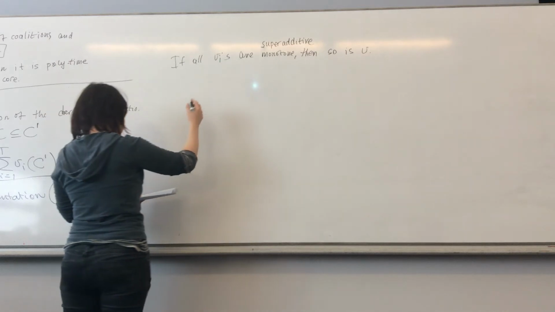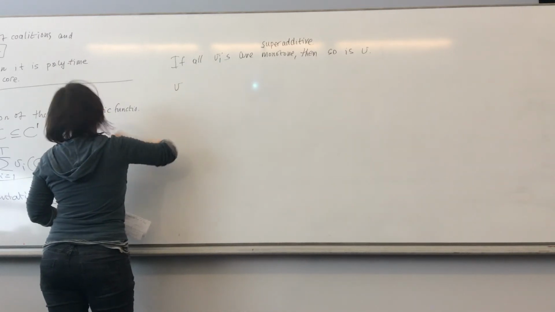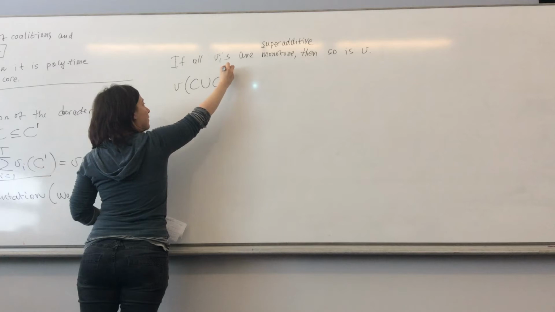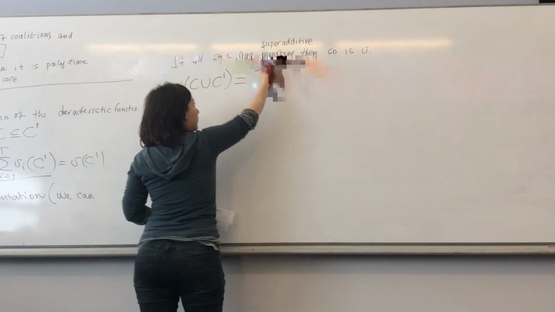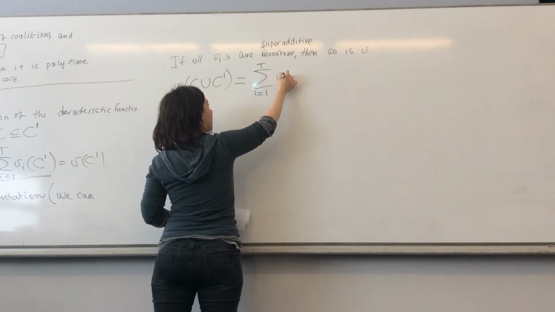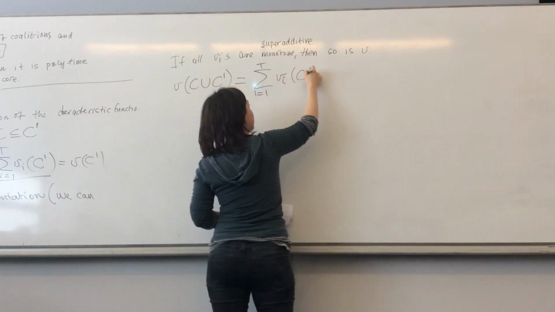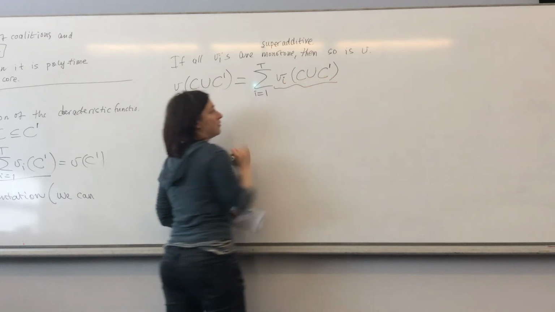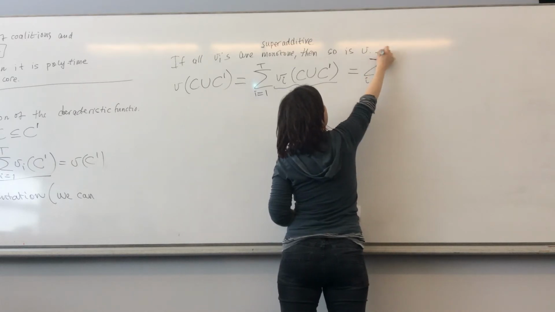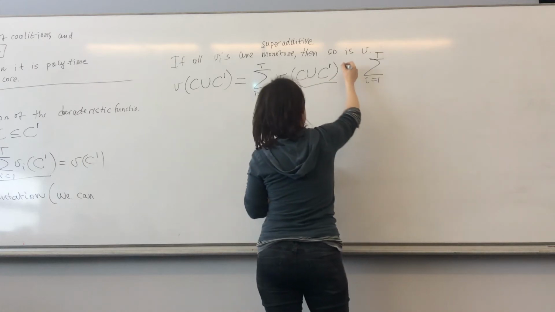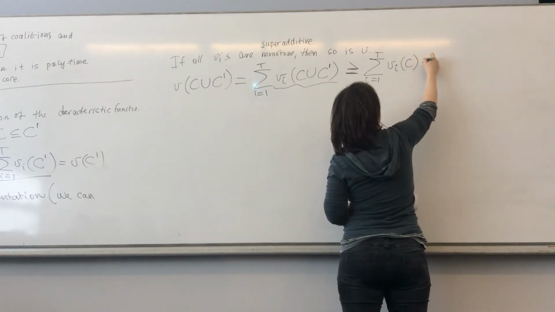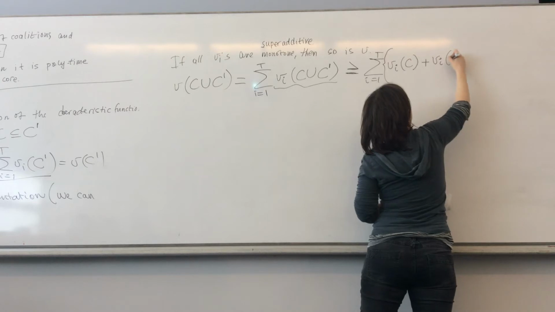So if you have two coalitions C and C prime, then the value of their union would be, just by definition, I look at all the issues from 1 to t and take the values i of their union, and now I use the superadditivity of these functions, and that gives me that the sum of this is greater or equal than the value i of C plus the value i of C prime.